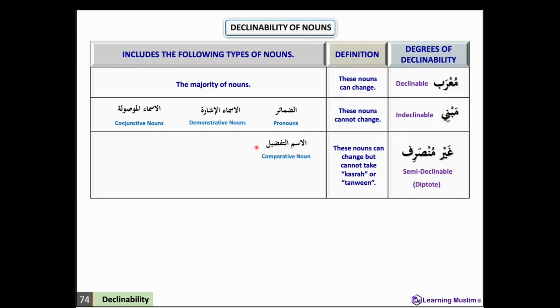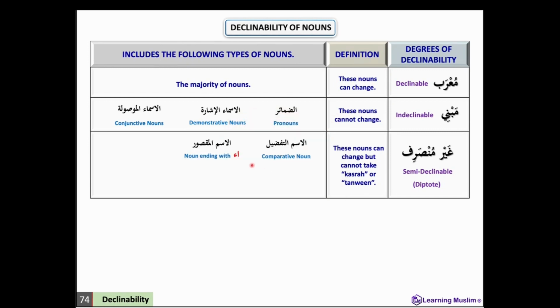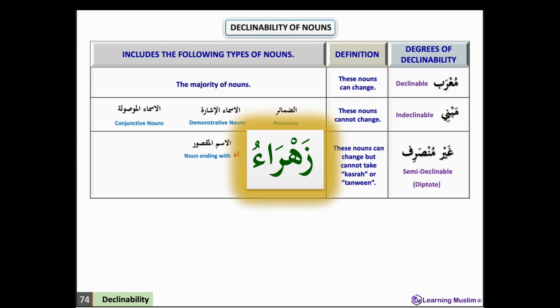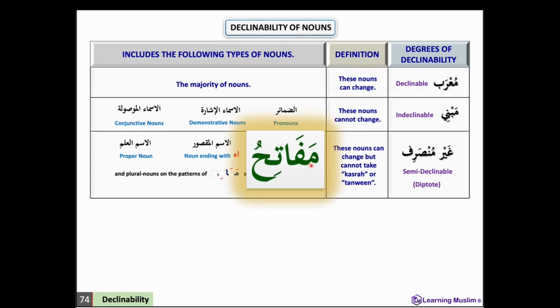And they are الاسم التفضيل, the comparative noun, for example, أكبر or أحسن, and الاسم المقصور, a noun ending with alif hamza, for example, Zahra, and al-ism al-alam, a proper noun, and these would not be all proper nouns, but only some of them, for example, Adamu or Umaru. And some other nouns that are غير منصرف are plural nouns on the patterns of mafa'ilu and mafa'ilu. For example, mafatihu and mafatihu.